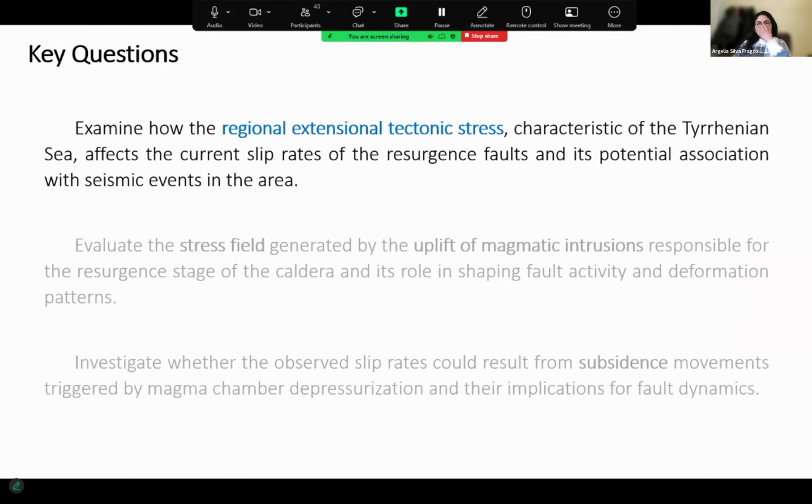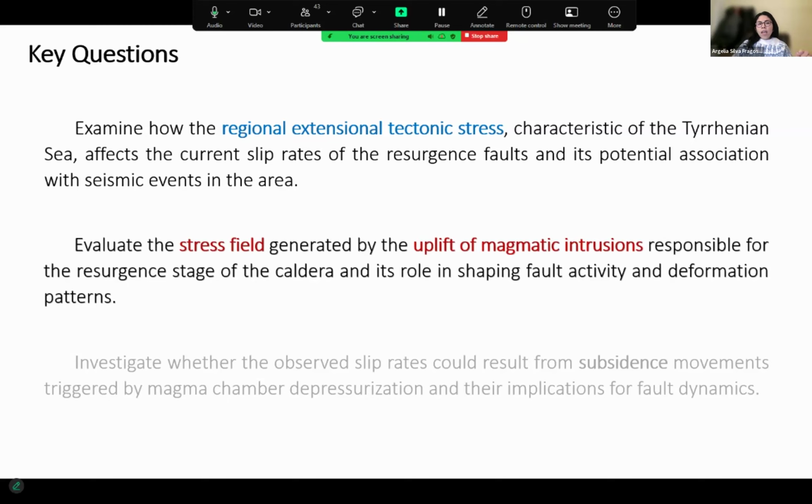So based on this, my objective when I started to use ASPECT was, first of all, to examine how the regional tectonic stress, which controls most of the faults in the area surrounding the caldera, influences the current deformation of the faults. And also, I wanted to understand how the presence of this magma body, this laccolith, perturbs the deformation of these structures.